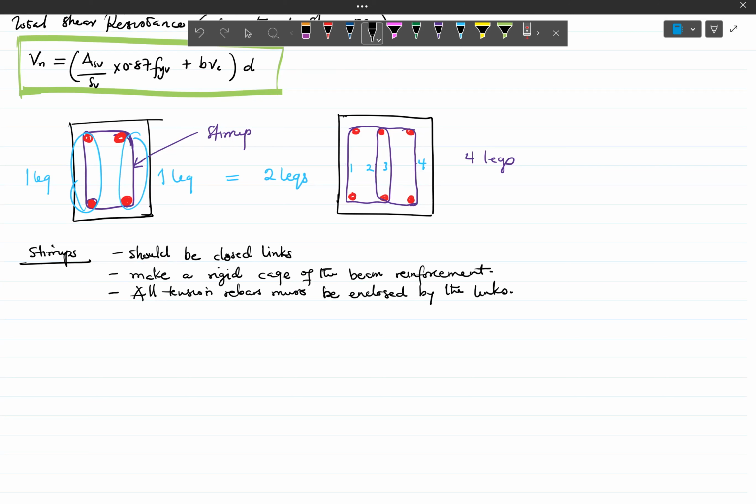So when calculating for shear links, let me just show this to you guys. Hopefully it picked.